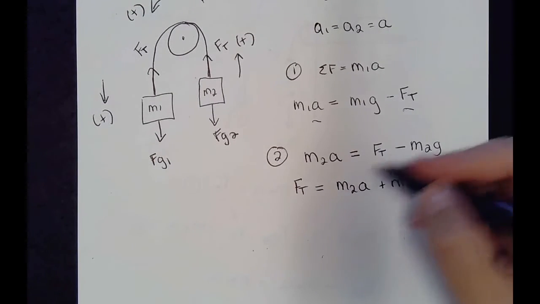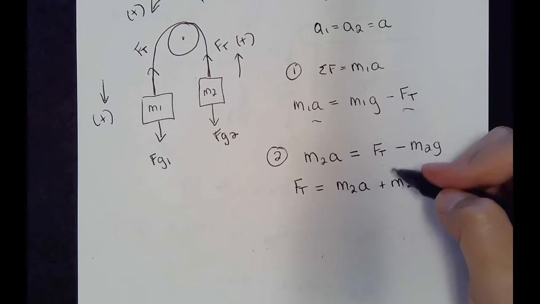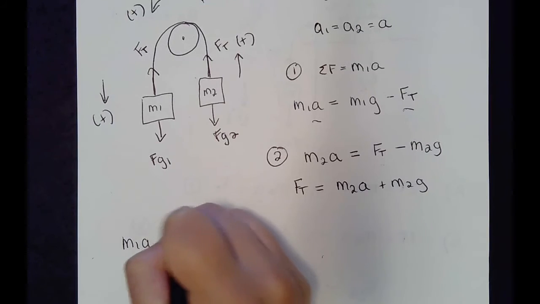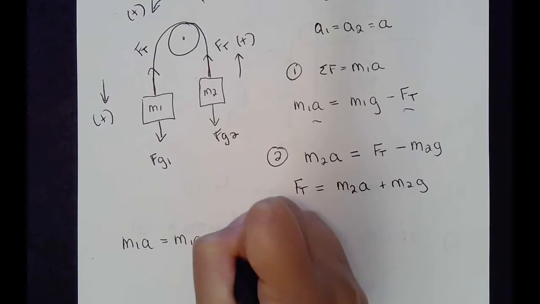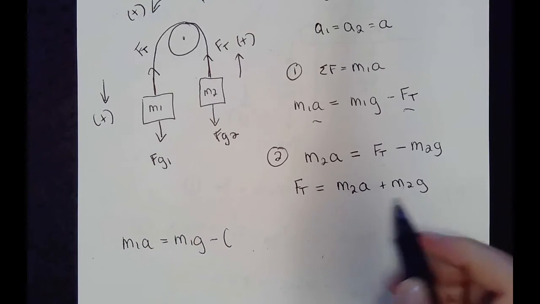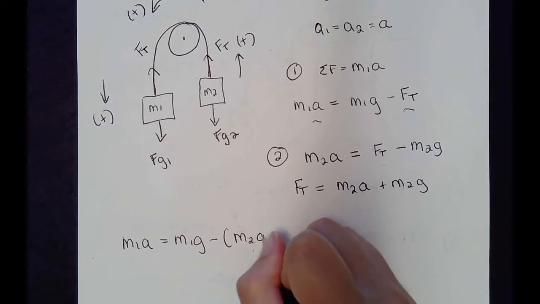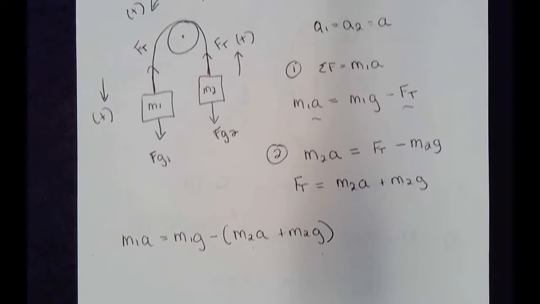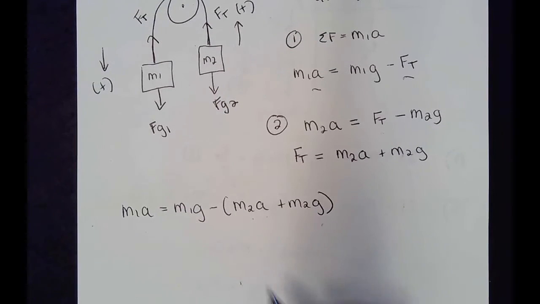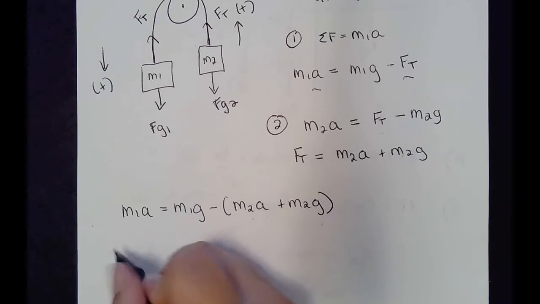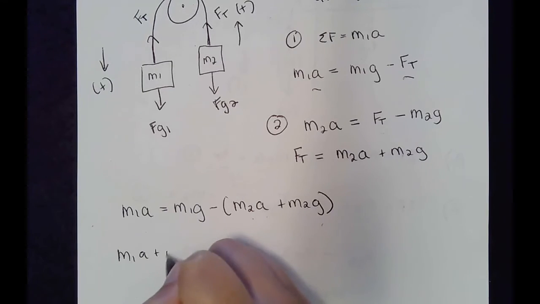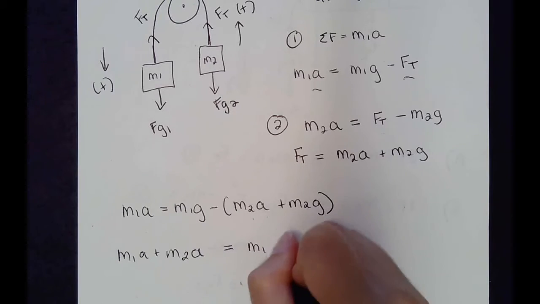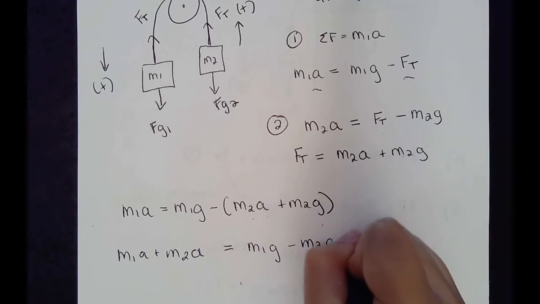And now we'll plug this into the first equation, plug 2 into 1. So I have m1a equals m1g minus, and I put this whole expression for tension, m2a plus m2g. Okay, and now we can solve, so I'm going to move this over. We'll have m1a plus m2a equals m1g minus m2g.